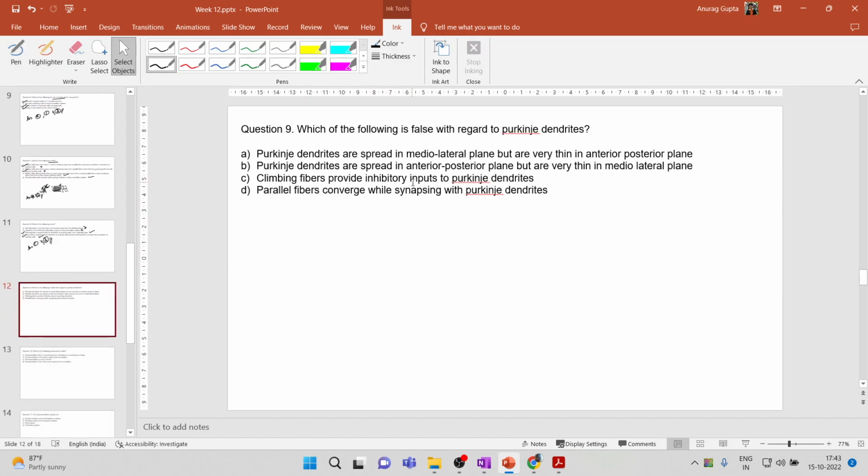Which of the following is false with regard to Purkinje dendrites? So you can take 30 seconds and then we'll discuss this.